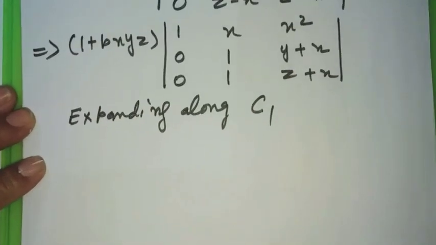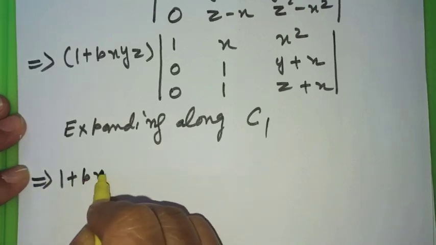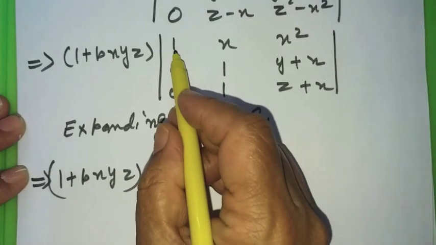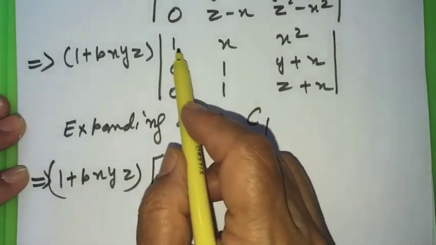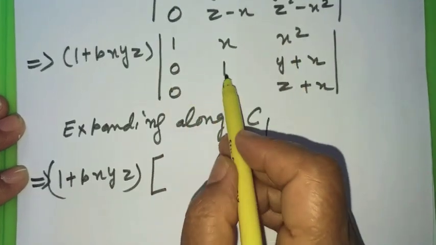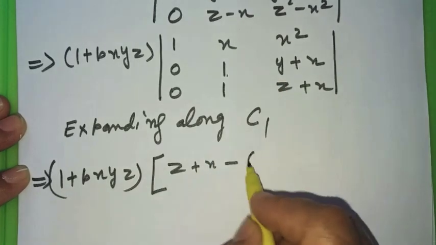So what I get is one is common into, so you delete the row and the column in which this one lies, 1 into z plus x minus 1 into y plus x.